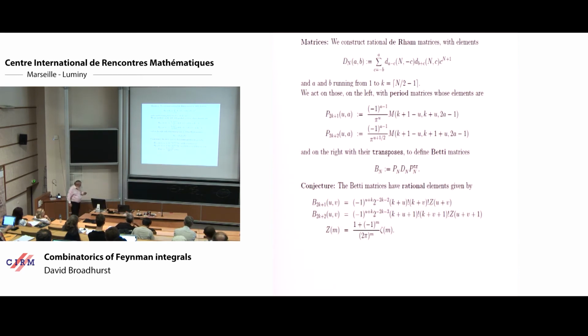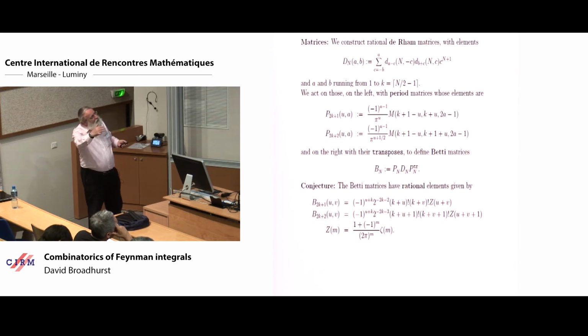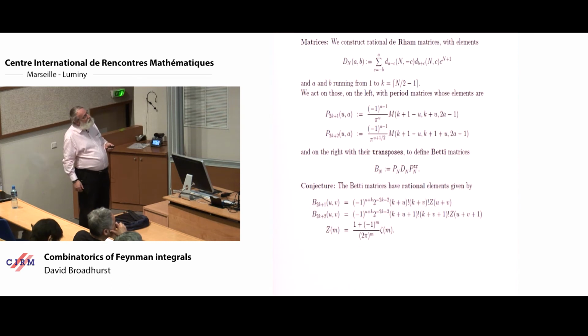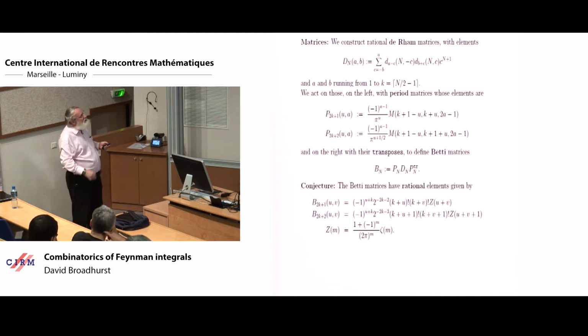I define a matrix. I give it the letter D, because I'm going to associate it with de Rham. For each number of Bessel functions n, I define a Dn. The size of the matrix runs from about 1 to about n upon 2, to the ceiling of n upon 2 minus 1. And so A and B run up to this K. And then I have a finite sum over this C, which runs from minus B to A. Quite unusual to have summation going from minus an integer when you're dealing with matrices.